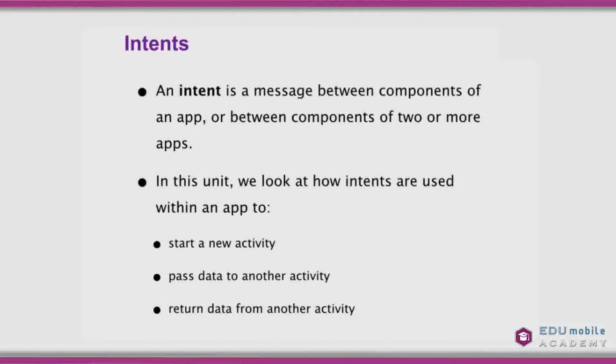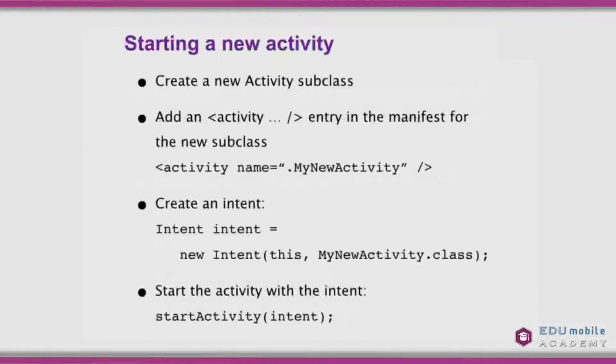And these don't have to be exclusive. In other words, we could start an activity with an intent, pass the new activity data, and get data back from it. So we can combine all of these operations within one intent if we make our calls the right way. So let's look first at how we would start a new activity from an existing activity.